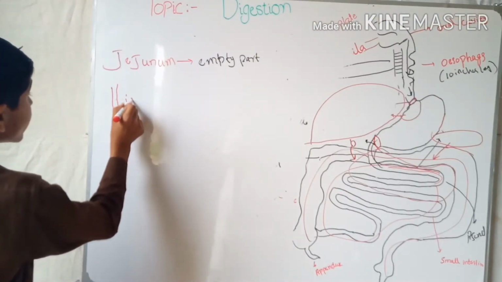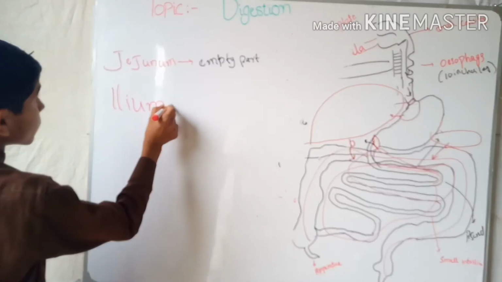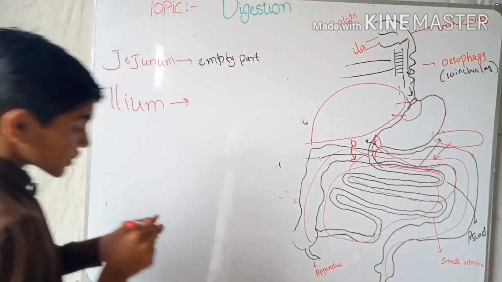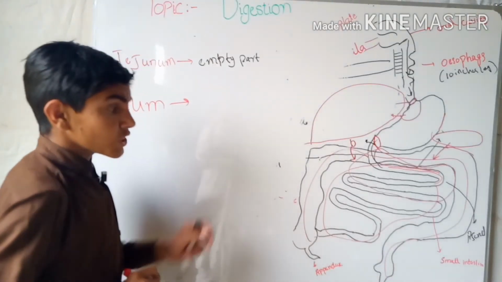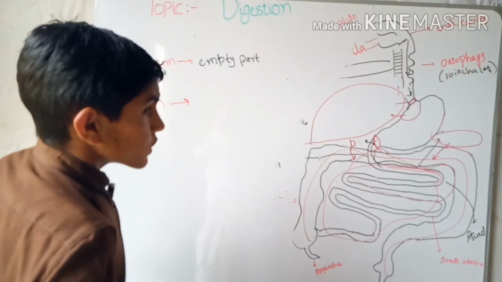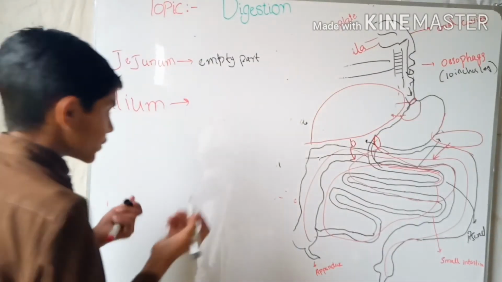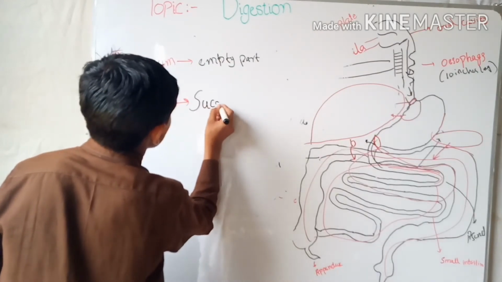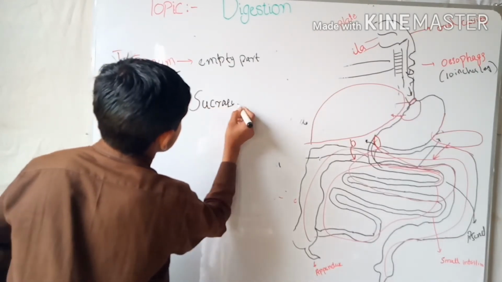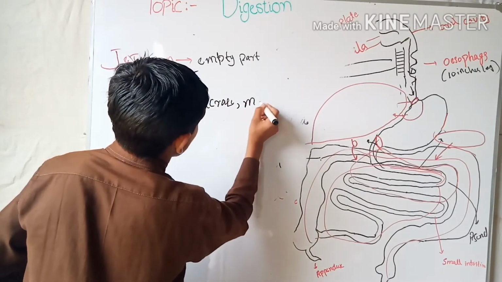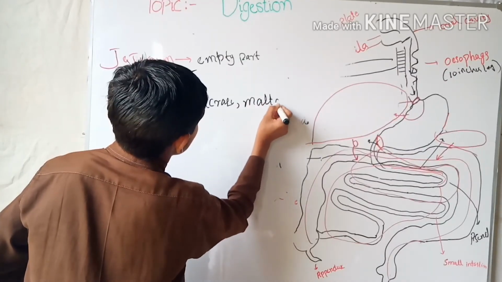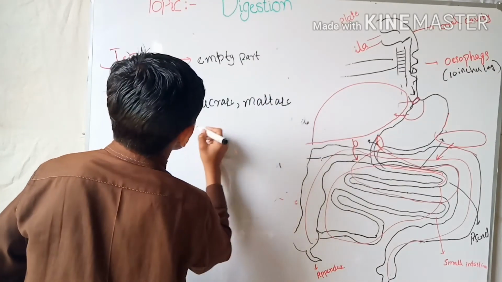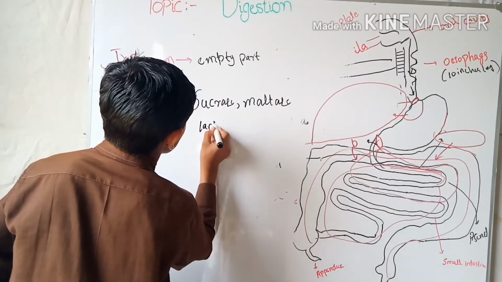The ileum is involved in the main work of the small intestine. In the ileum there is the secretion of three chemicals which are sucrase, maltase and lactase.